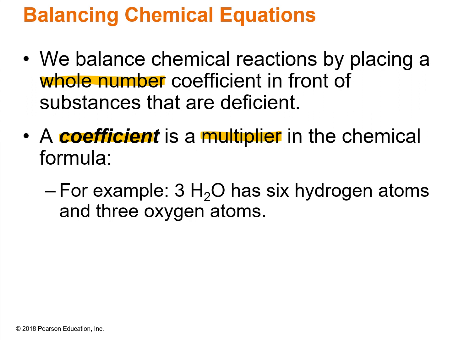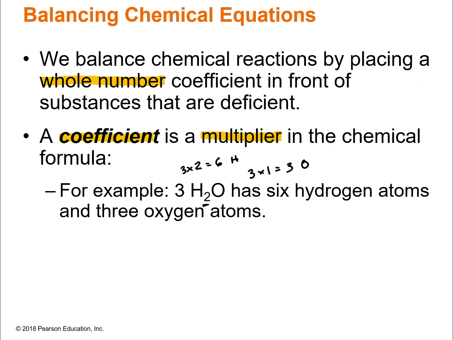If I have 3 H2O molecules, then that means I've got 6 hydrogen atoms and 3 oxygen atoms, because I'm taking 3 times the 2, the subscript for the hydrogen, is equal to 6 hydrogens, and then 3 times 1 is 3 oxygens.